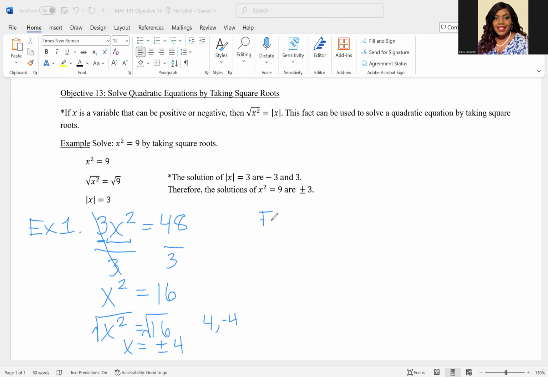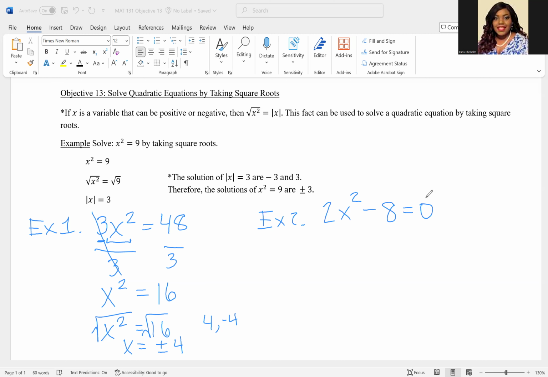We got, for example 2, 2x squared minus 8 equals 0. 2x squared minus 8 equals 0, okay? So y'all know how we do it.